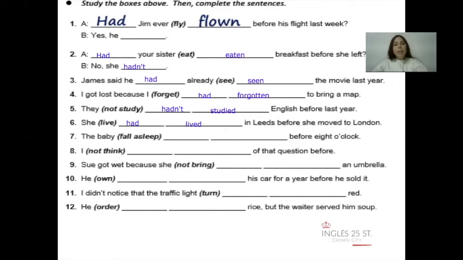Okay. The baby had, in the first place, the baby had fallen asleep. The baby had fallen asleep before 8 o'clock. Excellent. Very good. And fallen is an irregular verb. Number 8, Jesus.